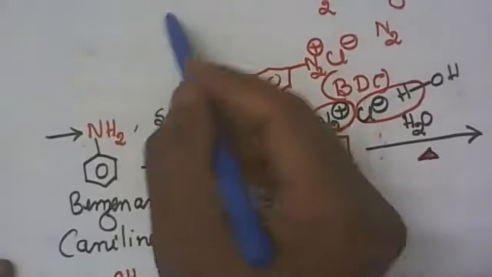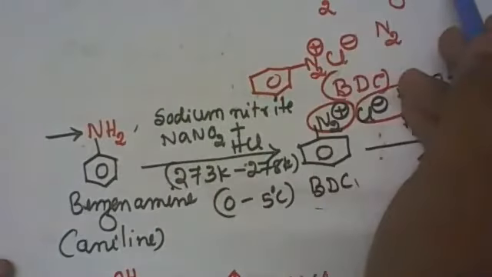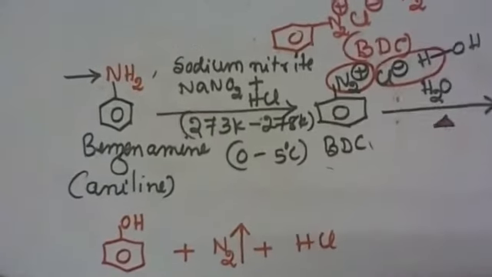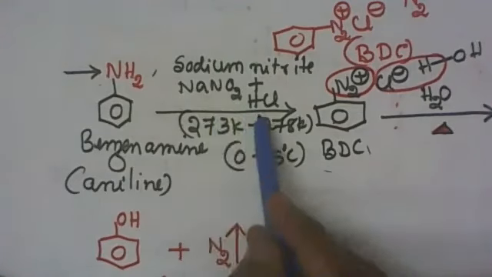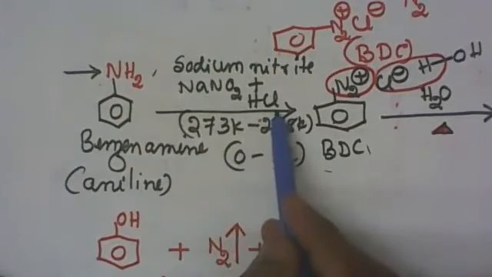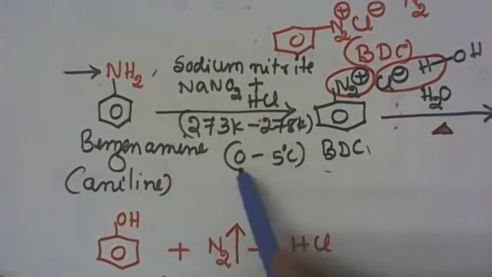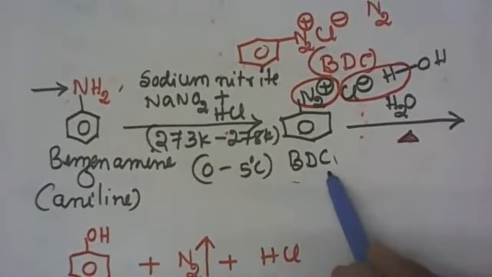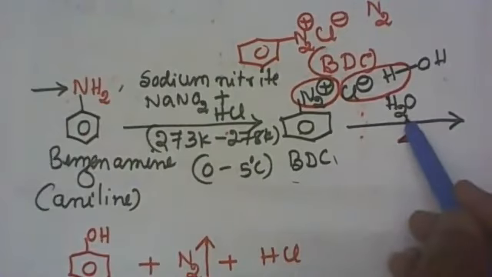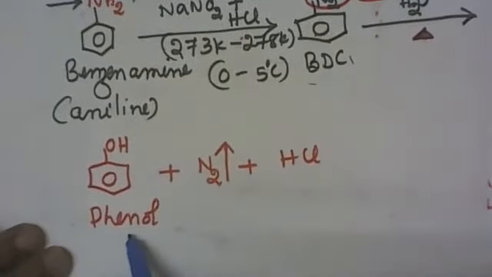Third method, from benzene diazonium salt. In this case, aniline is treated with a mixture of sodium nitrite and dilute hydrochloric acid at 0 to 5 degrees to give benzene diazonium chloride salt, which on hydrolysis gives phenol.